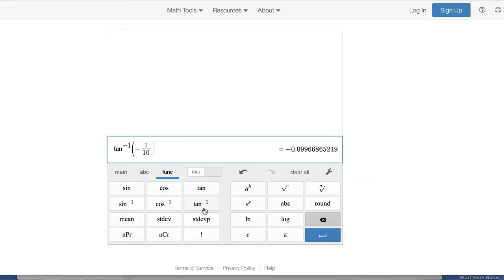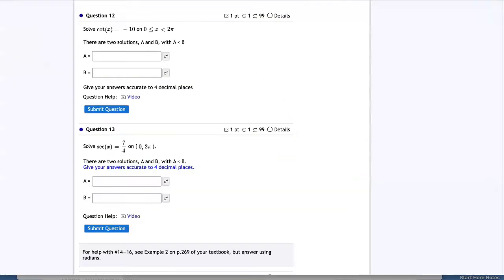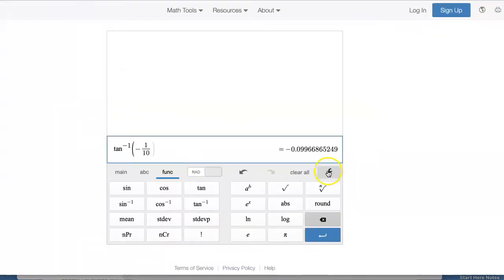And we end up with a value, in radians, of negative 0.09, well, what are we rounding to? We are rounding to 4 decimal places. So 1, 2, 3, 4 decimal places, and we have to round this 6 up to 7. So negative 0.0997.